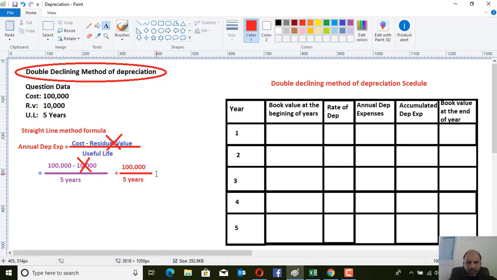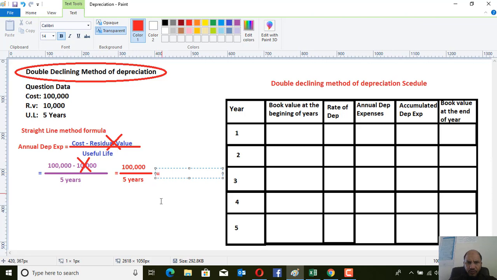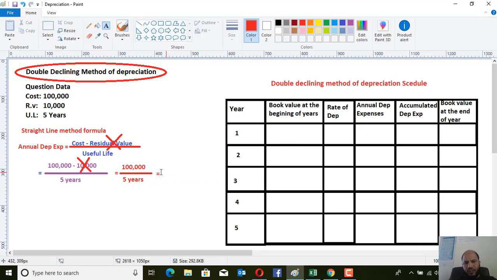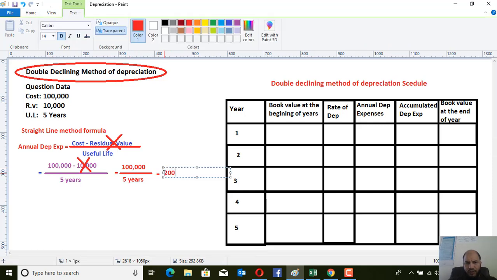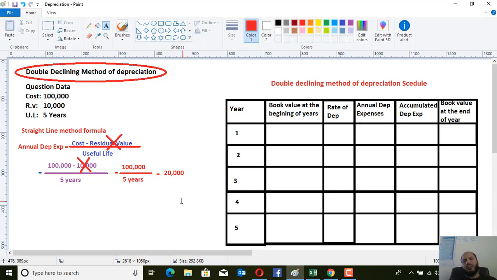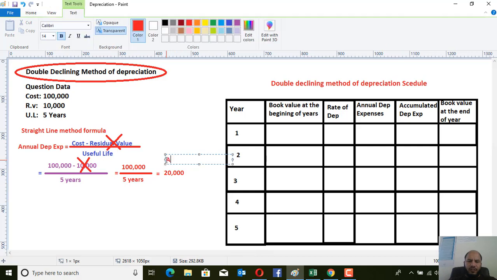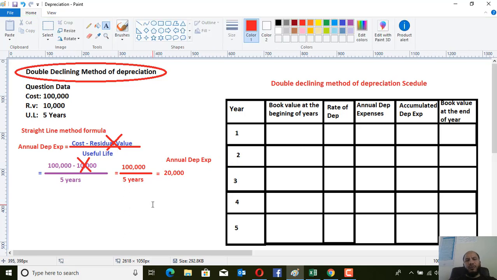So when we divide this, it is equal to 20,000 per year. I mean 100,000 divided by 5 is equal to 20,000. 20,000 is our annual depreciation expenses. Now we will take this and find the rate of depreciation from it.